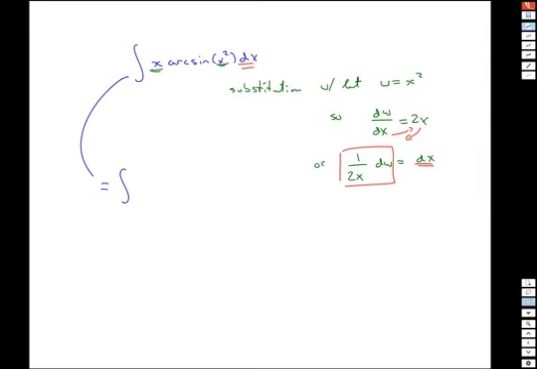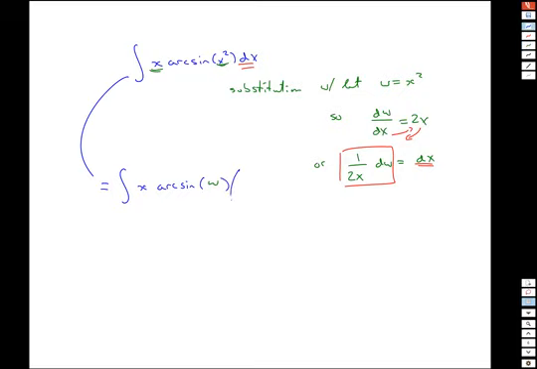We're going to get to the integration by parts in a second. I would do a substitution first. If we do this substitution, we're going to get x arc sine of w instead of x squared.